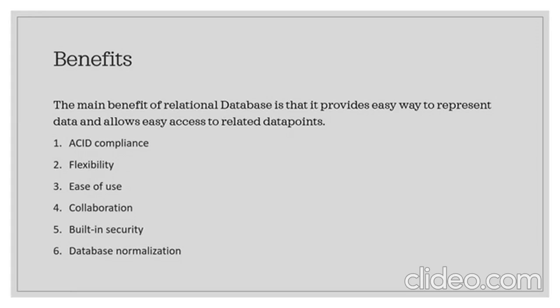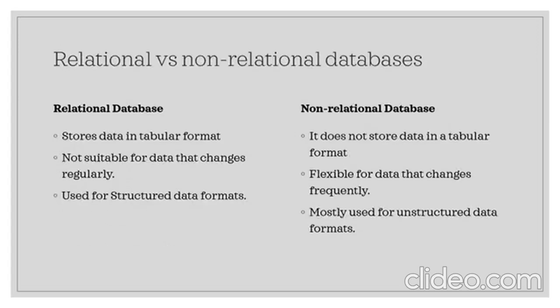Let's compare relational versus non-relational databases. When we compare these two types of databases, a relational database stores the data in a tabular format, but a non-relational database does not store the data in a tabular format.